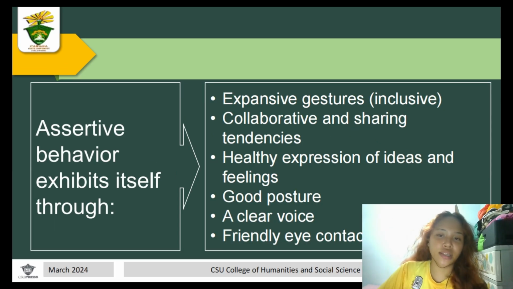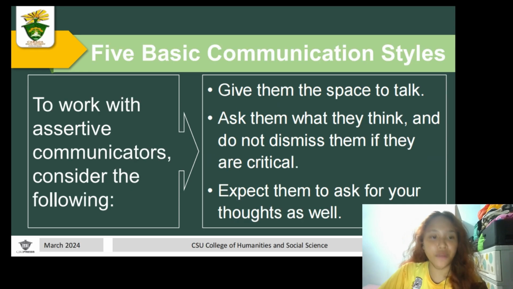Assertive behavior exhibits itself through expansive gestures, collaborative and sharing tendencies, healthy expression of ideas and feelings, good posture, a clear voice, and friendly eye contact. And to work with assertive communicators, consider the following: give them space to talk, ask them what they think, and do not dismiss them if they are critical.